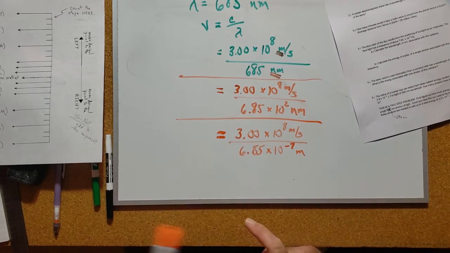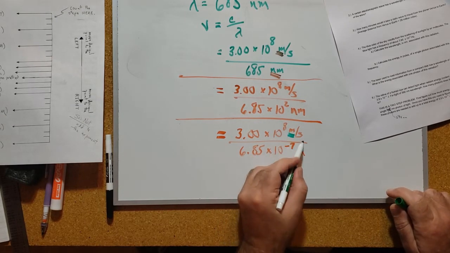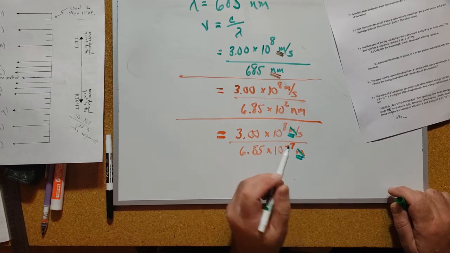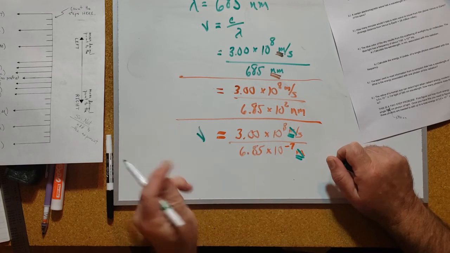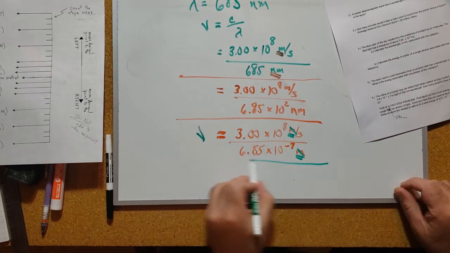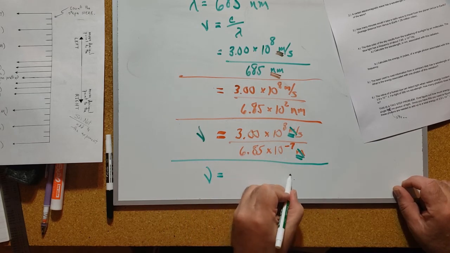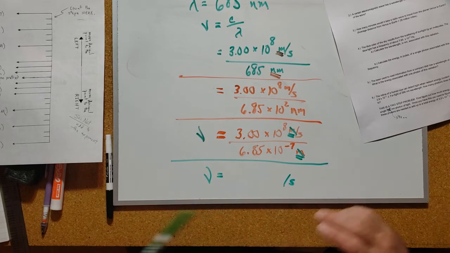Now, when you look at the units over here, I have meters. Well, it's meters per second, but it's meters and meters. I get to cancel these. And notice I'm left with just a per second, which is fantastic because those are the proper units for frequency. Frequency nu is equal to whatever you get here per second, which is also called a hertz, by the way.